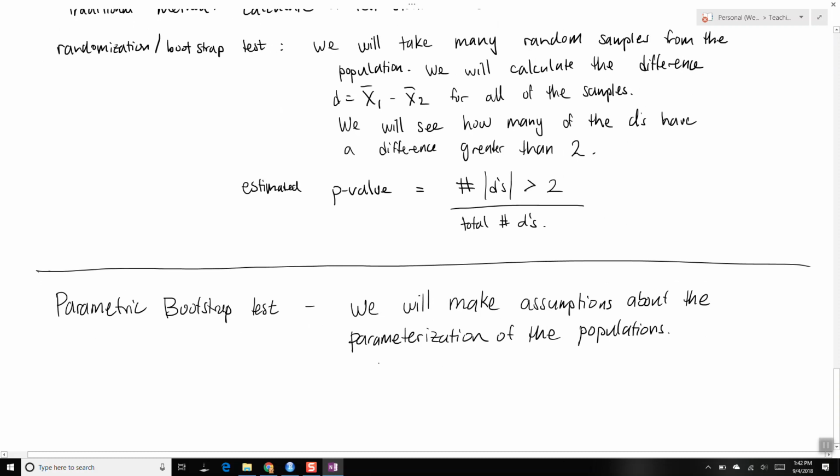This just means we assume the populations have a particular shape, a particular distribution, with known parameters.